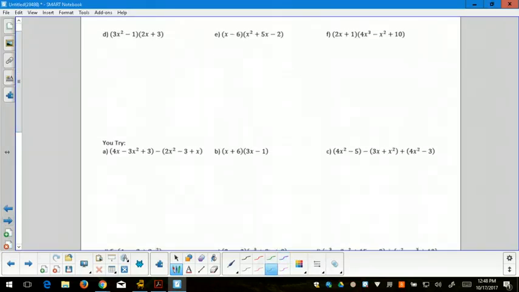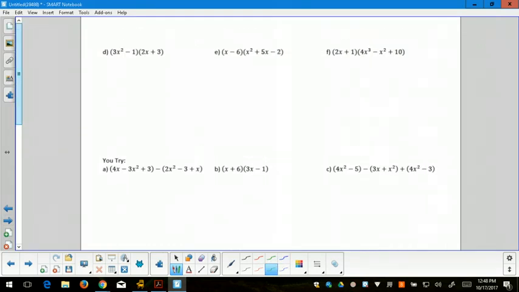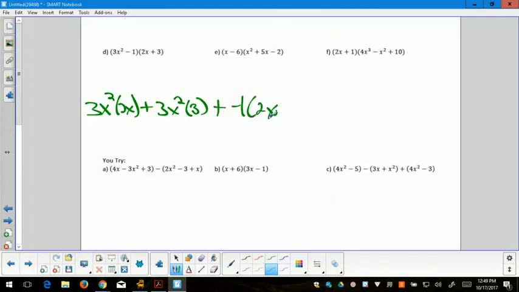In letter D, we're going to distribute the 3x squared. We're going to distribute it to the 2x first. So I've got 3x squared times 2x. And then 3x squared times 3. And then negative 1 times 2x.